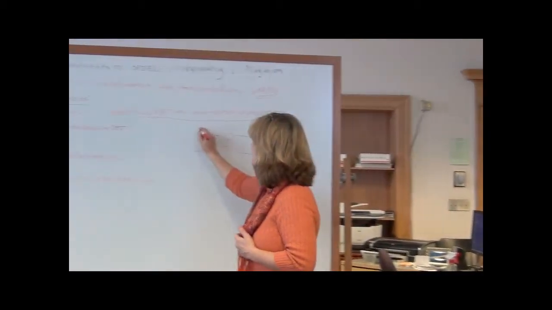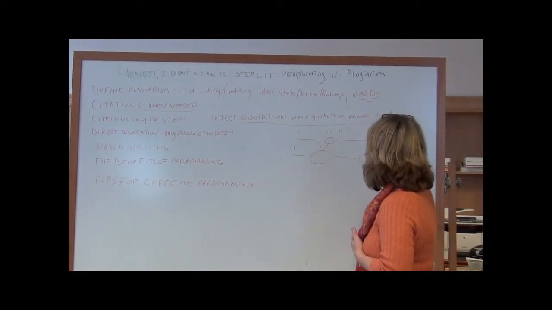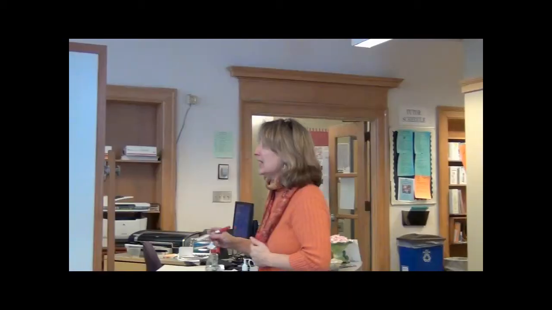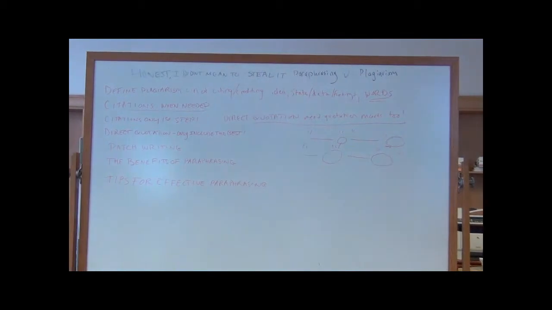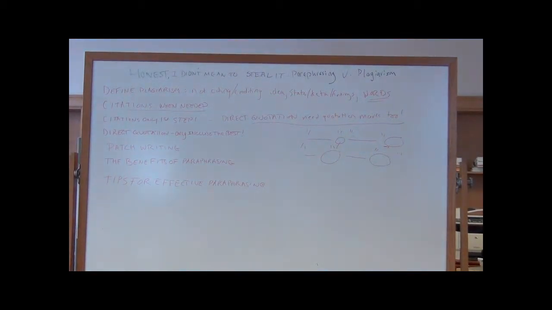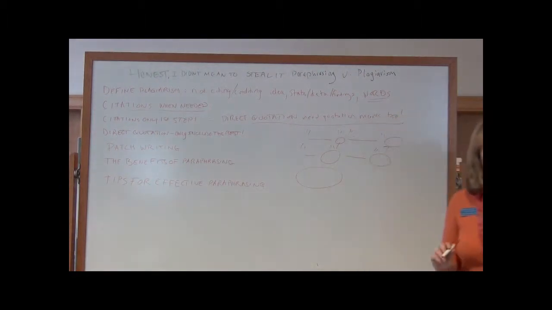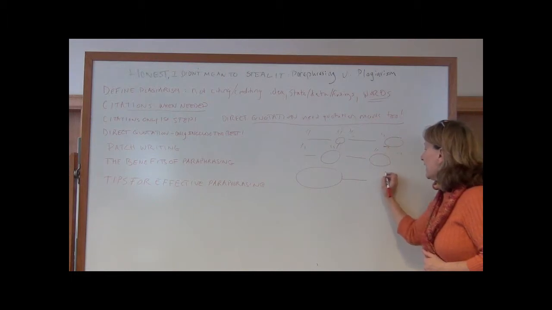It's called a quote quilt when it's got all the direct quotations and it's just been stitched together by a citation, or a he said, or she said, or a state. And I should try to put these things in my own words. But what happens with patch writing, which is what we're going to mostly focus on, is that they don't put enough into their own words. So maybe this part that is their words gets bigger, and then we'll have a quote, and then we'll have more of their words.